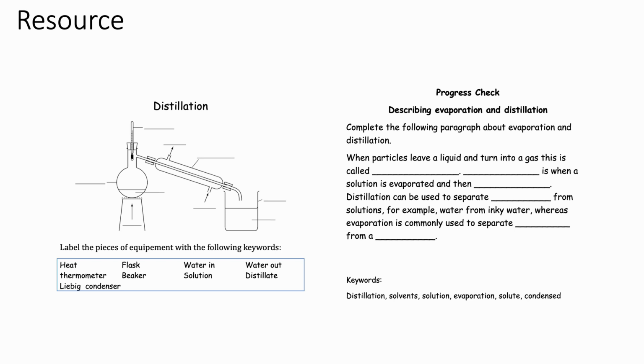So, for example, when particles leave a liquid and turn into a gas, this is called evaporation. That's all they needed to do, and I found that students performed quite well on both of these tasks. However, I'd say that for the first task on the left hand side, the performance was best.